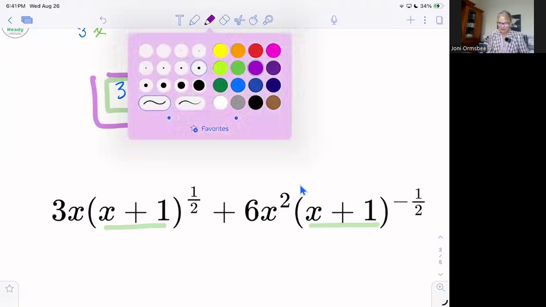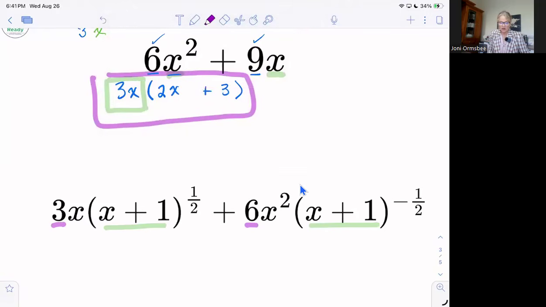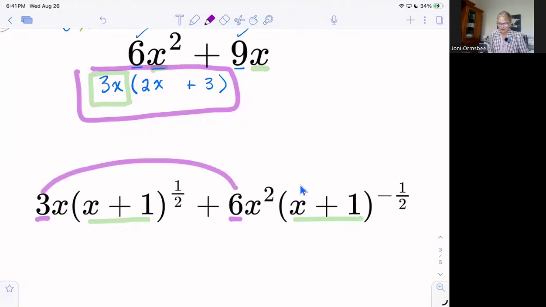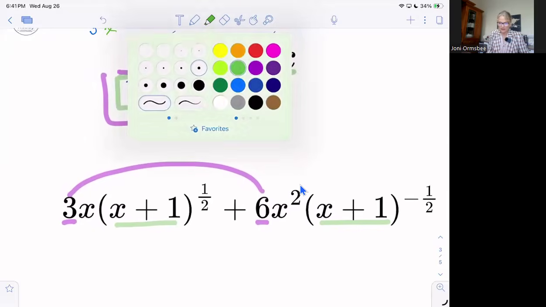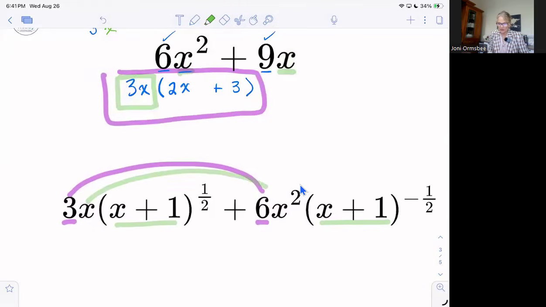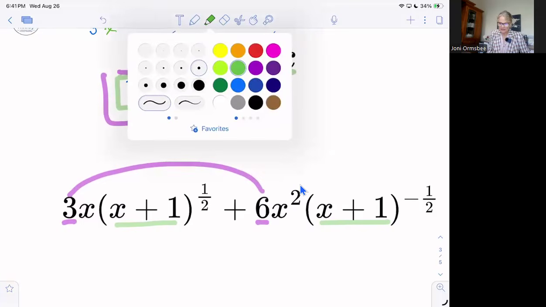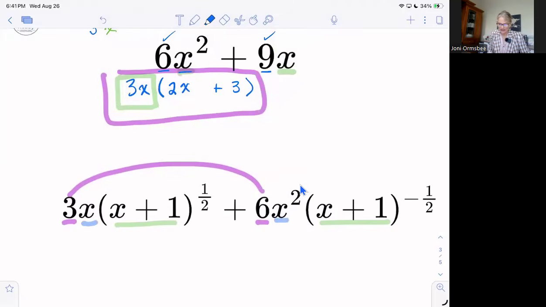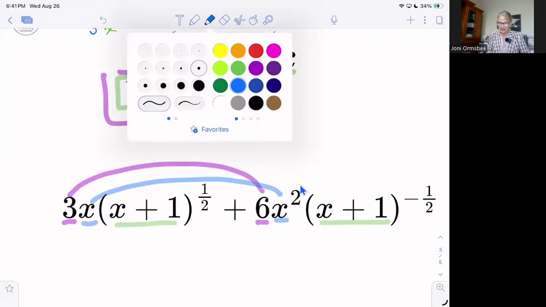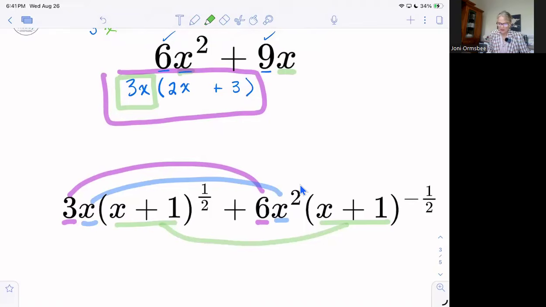And so we're going to factor out a 3 common to those two, the 3 and the 6, and then we're going to factor out an x common to those. Let me use a different color since I already used my green. So we have the x's, so we're going to factor out a common x there, one of them. And then on this term, this one's a little tricky because you've got 1/2 and you have -1/2. So take the lesser, and I'll show you why in a minute.